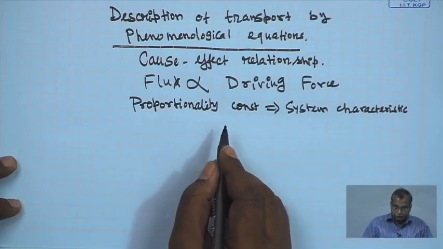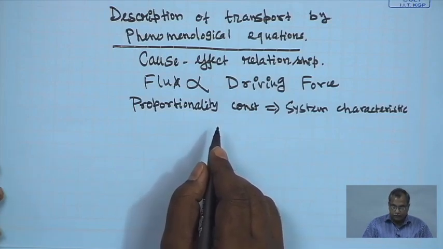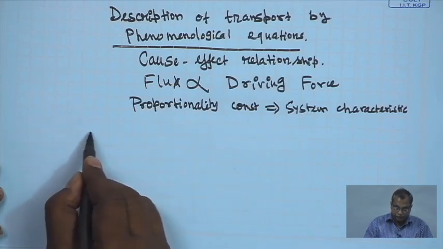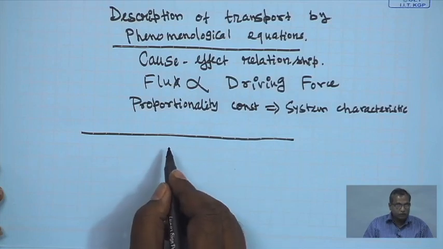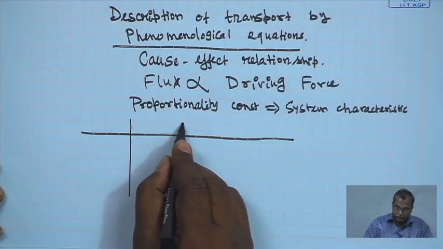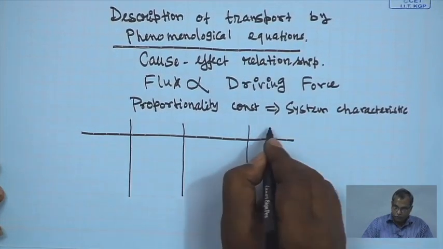Okay. Now, there are several phenomenological equations, or physics, where similar types of phenomena are happening, and various famous laws exist to describe these systems. So, let us just have a summary of these, which are quite common to us.